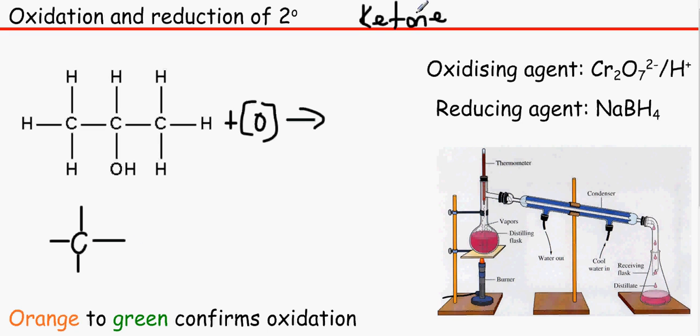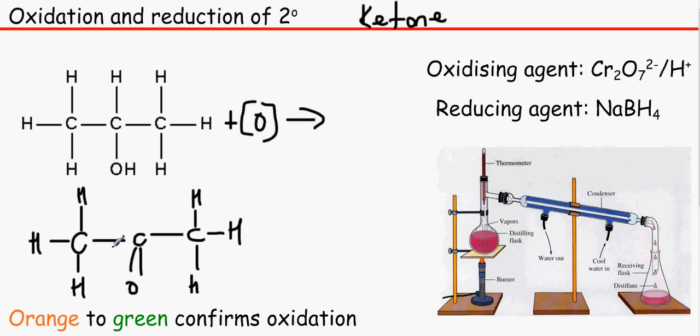Ketone, the O is in the middle, so we can say that the double bond will be somewhere inside the compound. That's one way of remembering it. I mean, it might not be a good way, but that's the way I remember it. So it would end up like this.